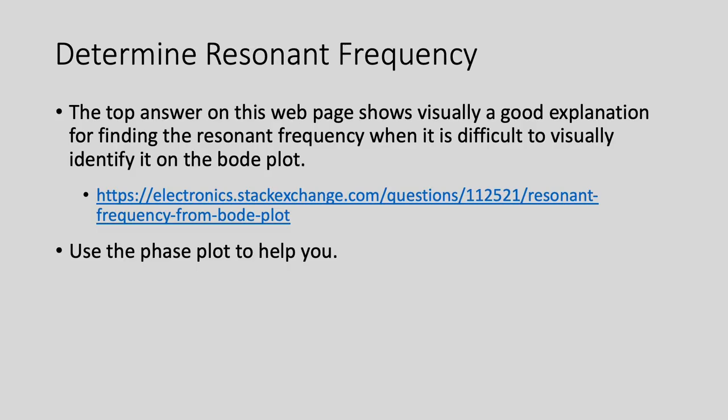To determine resonant frequency, there is the phase plot that is often used, and I found this example on the Electronic Stack Exchange that provides a good explanation using a visual, and this explanation shows how to find the resonant frequency when it's difficult to visually identify it on the Bode plot.